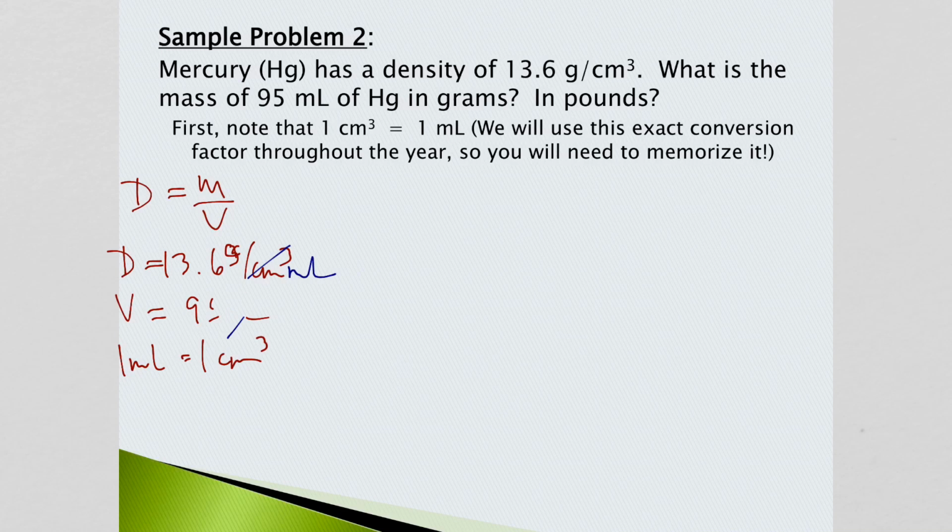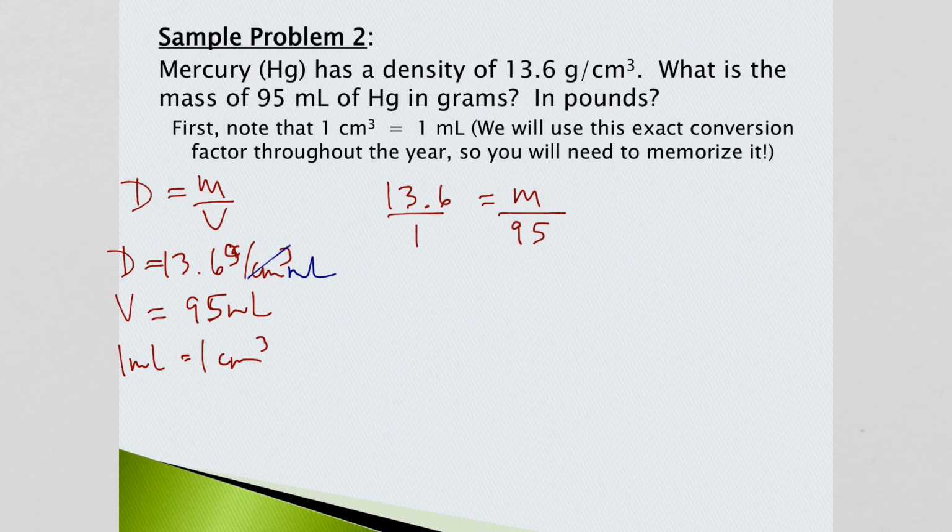I am going to erase this and go with changing the 13.6 grams per centimeter cubed to grams per milliliter. And again, it's because those are interchangeable. So now I'm ready to go ahead and plug into my formula. So I have 13.6 for density equals mass divided by 95 milliliters for the volume.